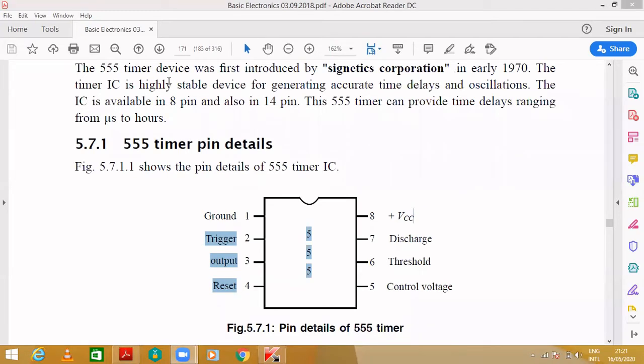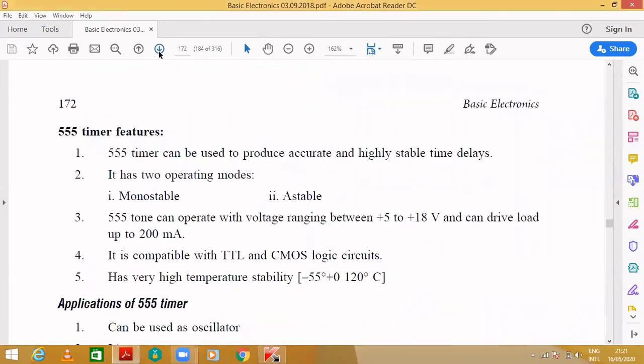The next feature of the 555 timer is that it is compatible with TTL and CMOS. What is this TTL? TTL is transistor-transistor logic, and CMOS is complementary metal oxide semiconductor.